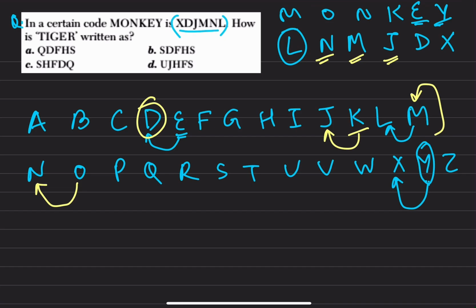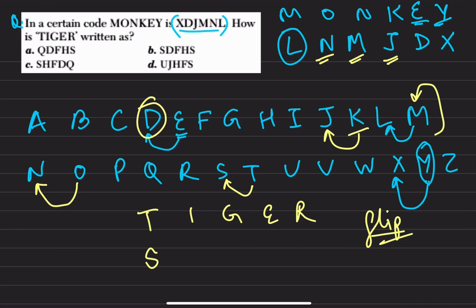So for tiger, we find the word, and then we have to flip it. Then we'll find the answer. For T, I go one step back, I get S. For I, H. For G, F. E, D. R would be Q. Now I have to flip it back.